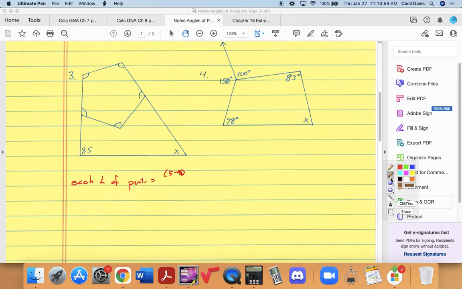That's what I get for thinking ahead. So 5 minus 2 times 180 divided by 5. So that's 3 times 180 over 5. You can multiply it first if you want, or you can divide 5 into 180, and that's 36 times 3 is 108.